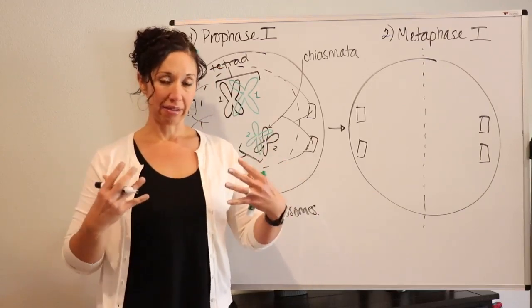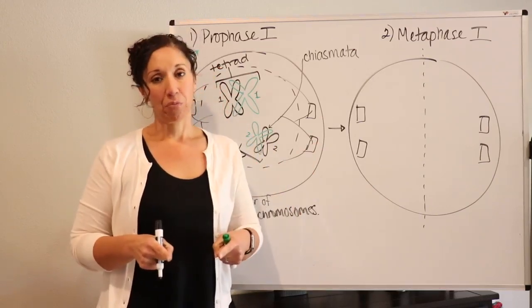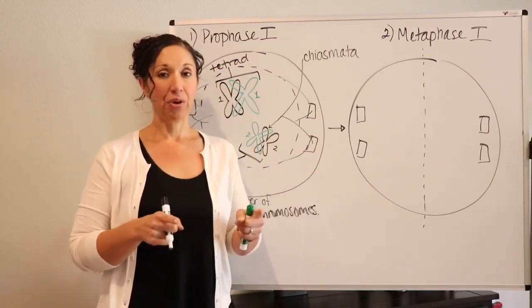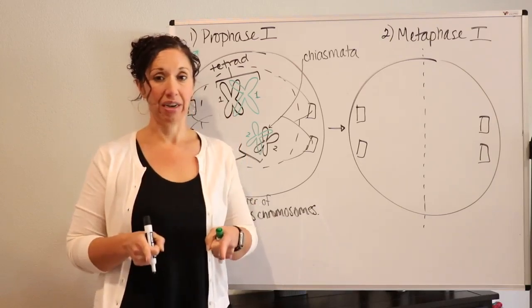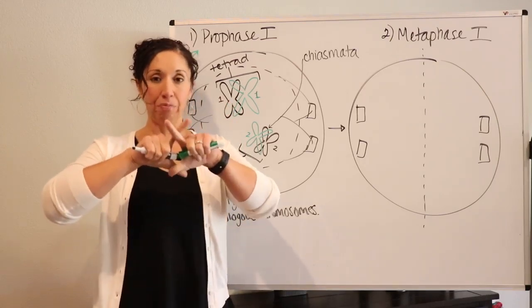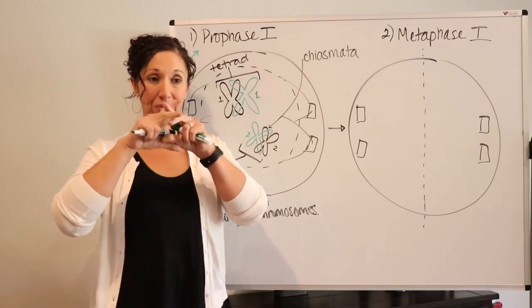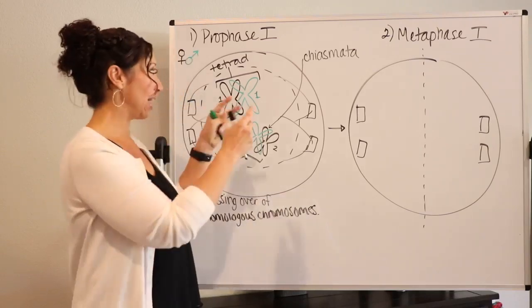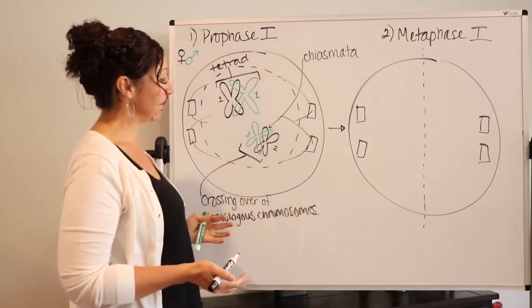Back in the somatic cells, you would have 46 chromosomes lining up along the metaphase plate. In meiosis, you have 23 tetrads lining up along the metaphase plate. So there's still 46 chromosomes, but they're now buckled together through crossing over. So you have 2 chromosomes basically mushed into one tetrad. So the tetrads are lining up along the metaphase plate.